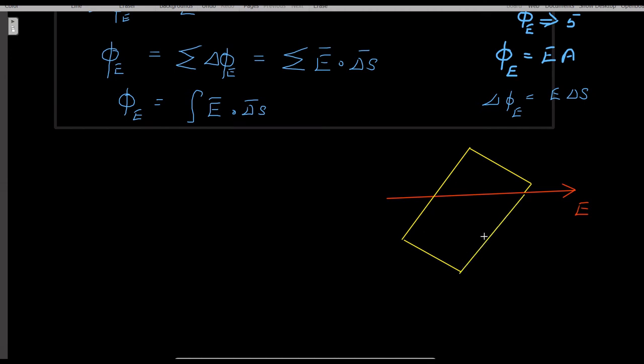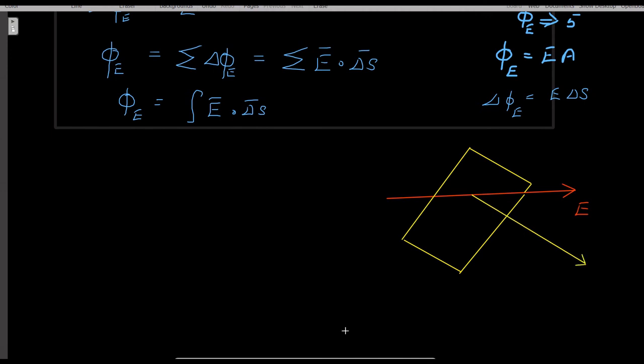This is the surface. So we can represent the area vector to be normal to the surface. For the surface, I just represent the area vector to be perpendicular to this plane.